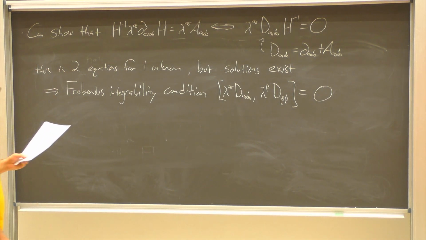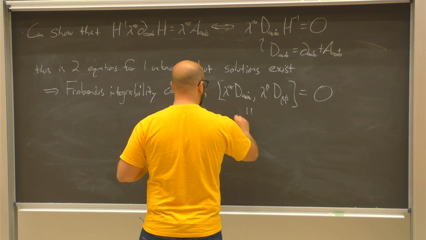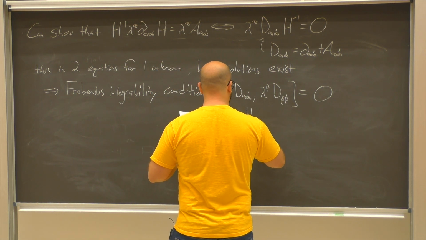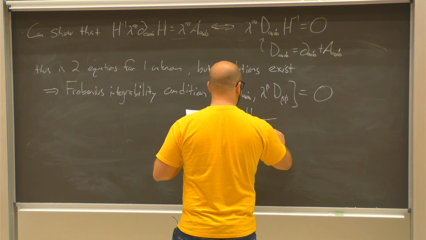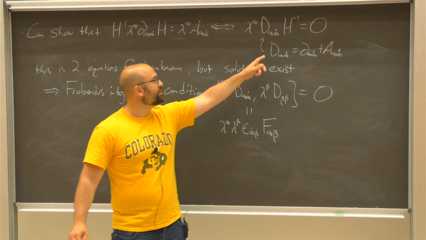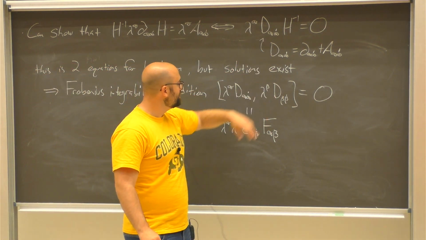But this is precisely equal to lambda alpha, lambda beta, epsilon alpha dot beta dot, f alpha beta, where this is the anti-self-dual part of this connection on spacetime.